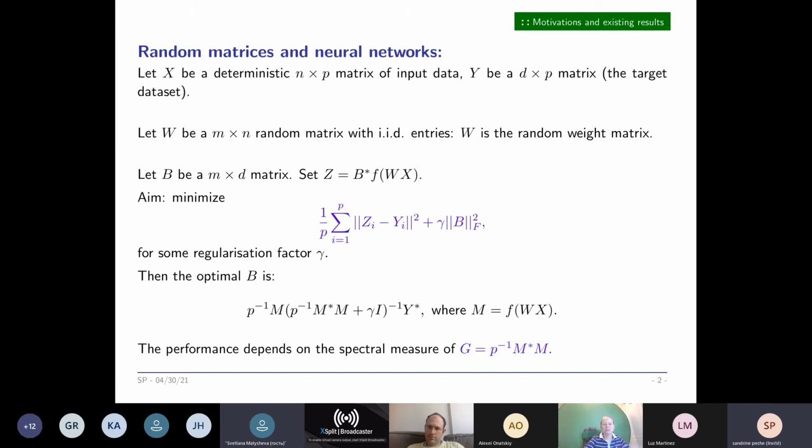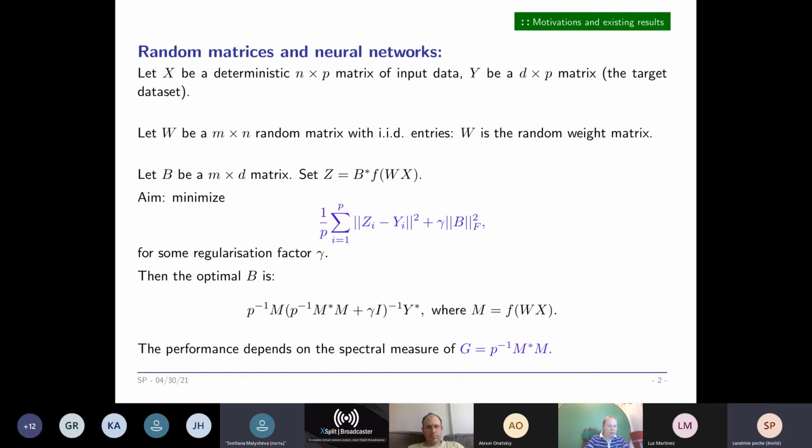Here I consider the case where there is a single layer. So as I said, we will add some randomness. So W will be an m times n random matrix with i.i.d. entries. So the output of the neural network is simply, again, the non-linear matrix model, which is f of WX.